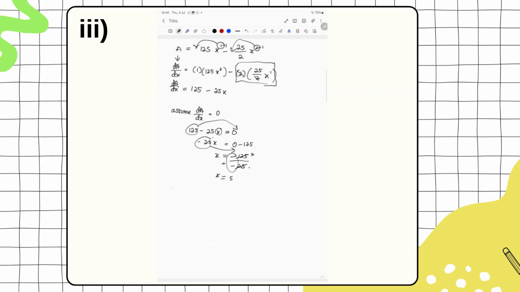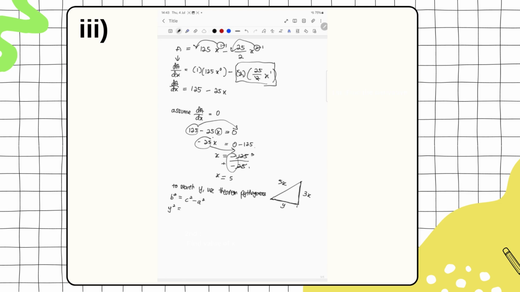Okay. So to search y, I use the Pythagoras theorem. One side is 3x, hypotenuse is 5x, and this part is y. So we use this equation: b squared is equal to c squared minus a squared.